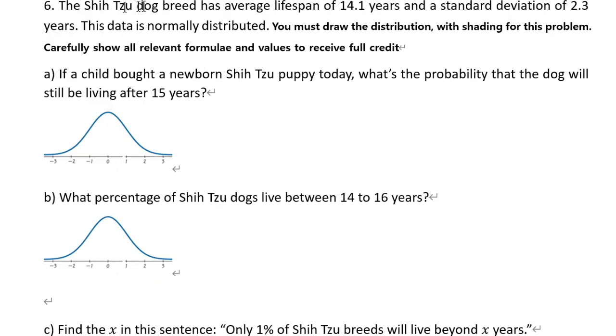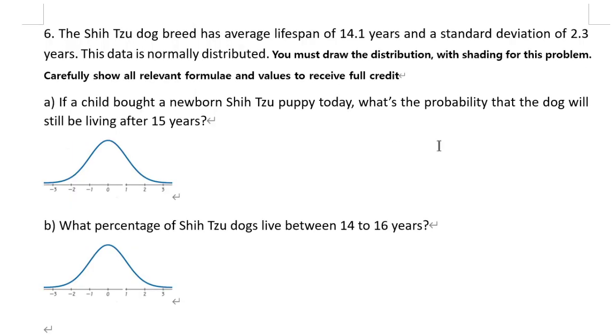Okay, the Shih Tzu dog breed has an average lifespan of 14.1 years and a standard deviation of 2.3 years. This data is normally distributed, and so the question is, if a child bought a newborn Shih Tzu puppy today, what is the probability that the dog will still be living after 15 years?